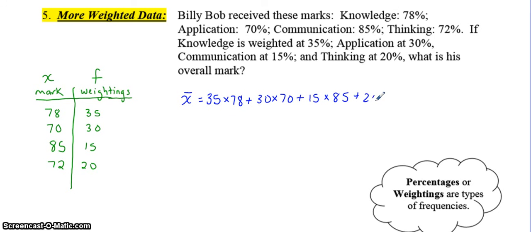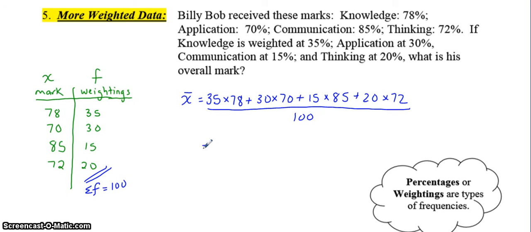And there are 20 72s. And that's going to be divided by the sum of your frequencies, which is going to be 100. And that works out to 75.45. So his mark is approximately 75%.